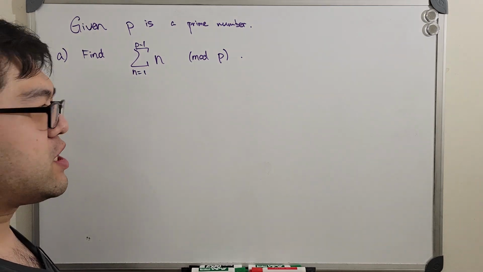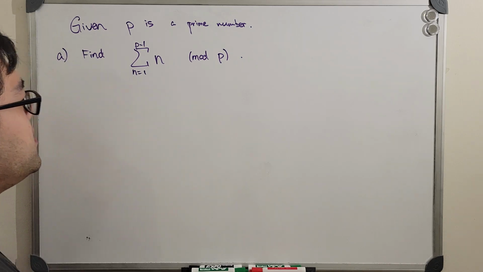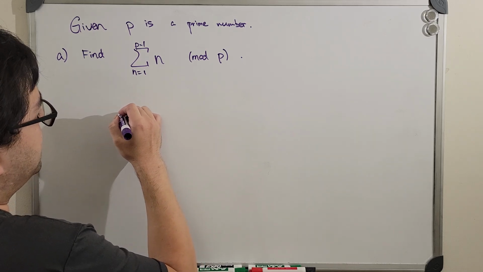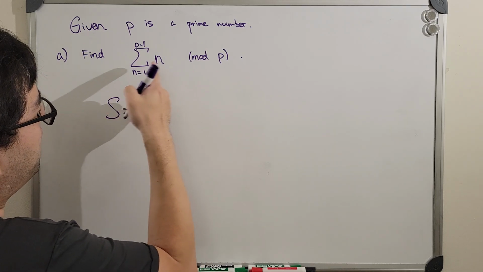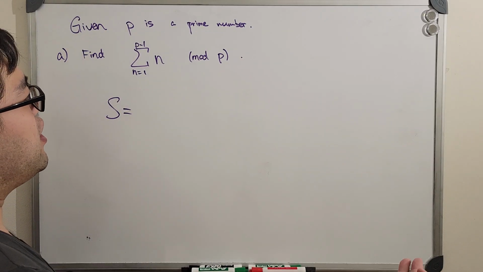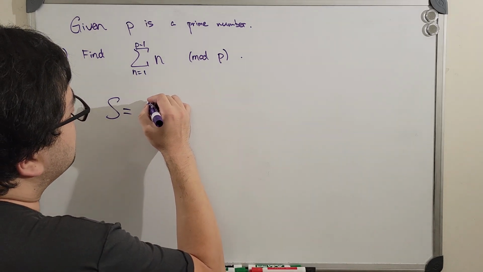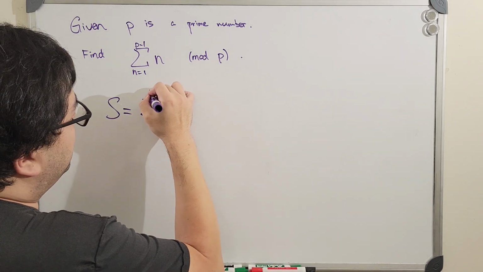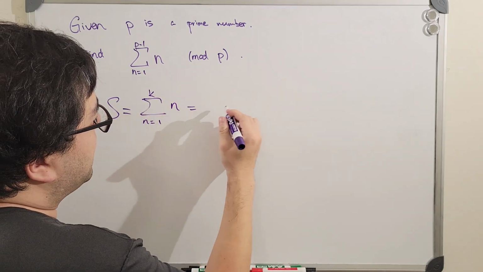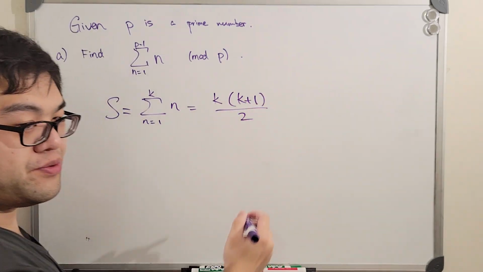If we try to add the natural numbers up to p minus 1 term, we will use the formula which says the sum of the natural numbers from 1 to, let's say we don't have a variable here, let's call k. If we have something such as from 1 to k, we'll actually get k times k plus 1 over 2.